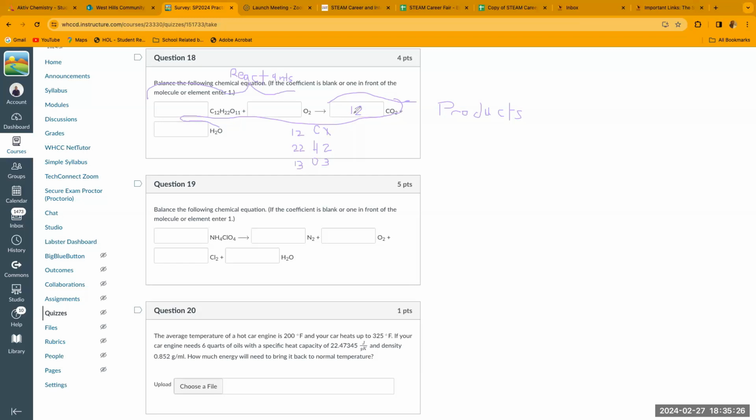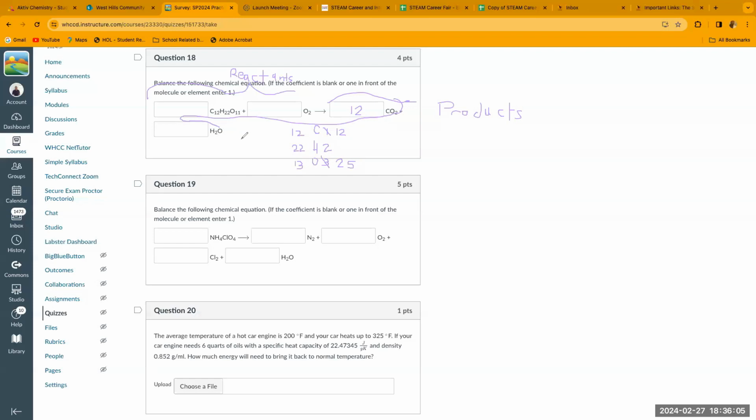So that's the coefficient. It's 12 times 1, and that'll give me 12 carbons. So how many oxygens do I have now? So I have 25, because I have 12 times 2, which is 24, plus that additional 1, which brings me to 25. Okay. So that takes care of the carbon.